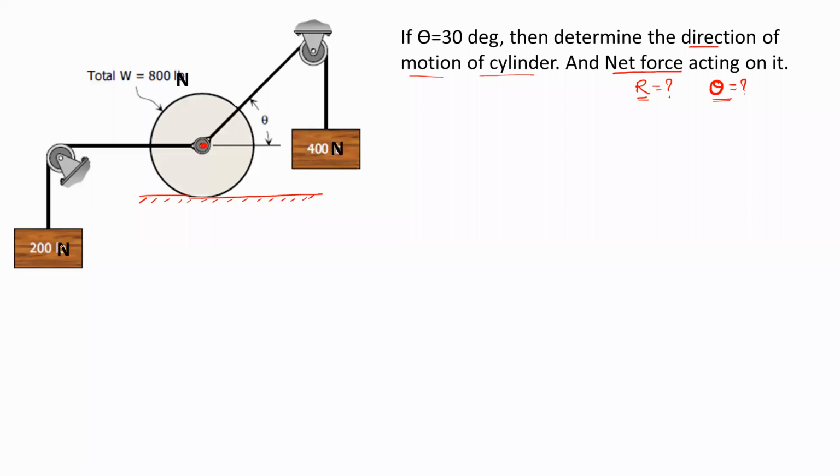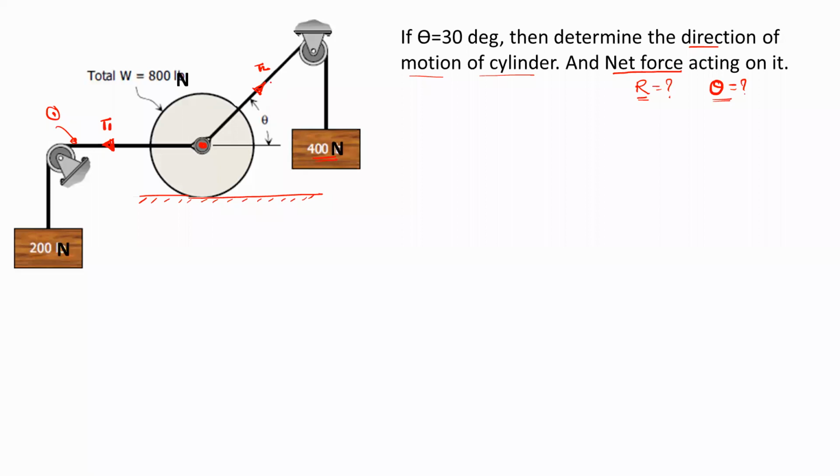The 200 Newton weight will create a tension force in cable 1, and this is the direction of the tension force. This tension force will be directed away from the center. Similarly, the 400 Newton weight will also create a tension force in the cable, and this is its direction. Assume this as T1 and this as T2.